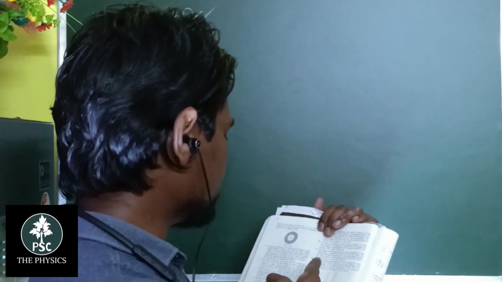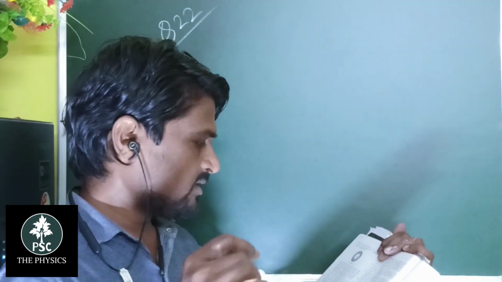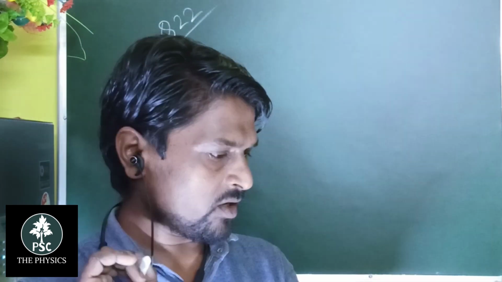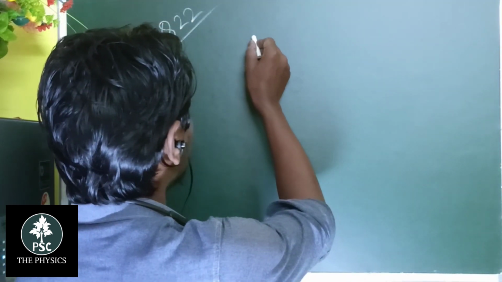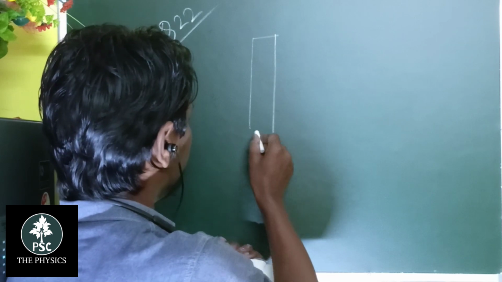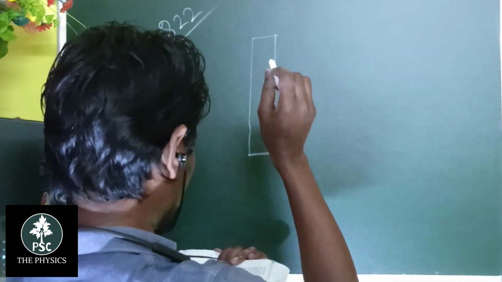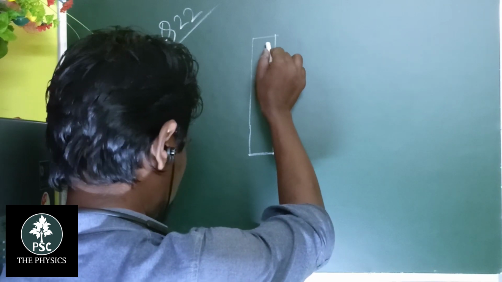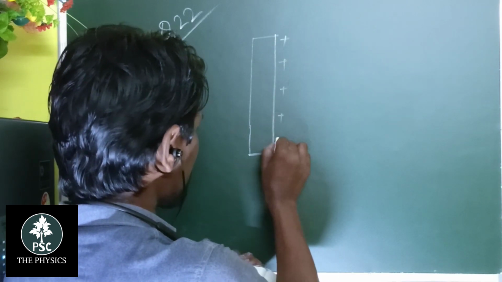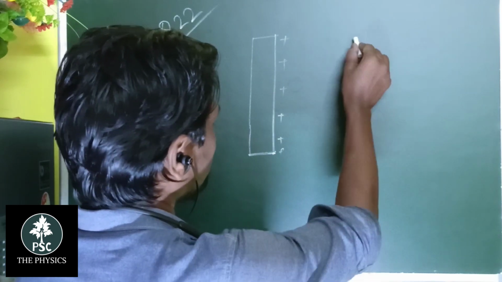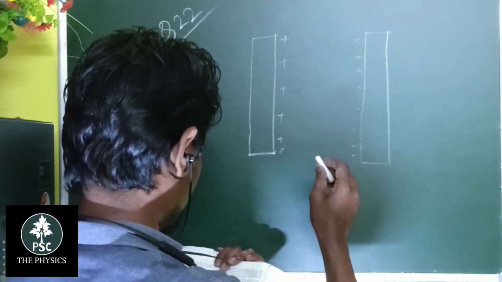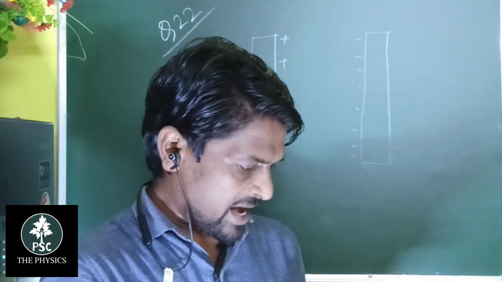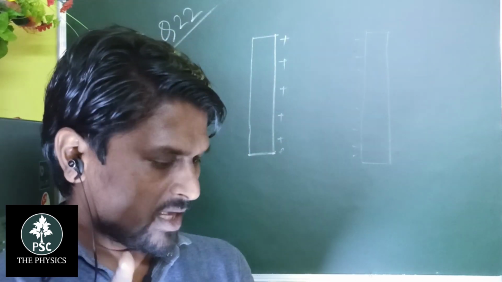So question number 22: two large conducting plates are placed parallel to each other, and they carry equal and opposite charges with surface charge density sigma. So these are two large conducting plates, parallel to each other, and they carry equal and opposite charge.